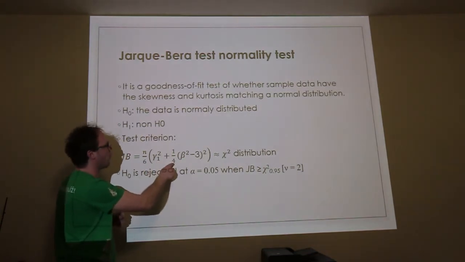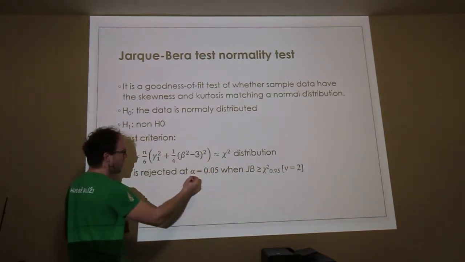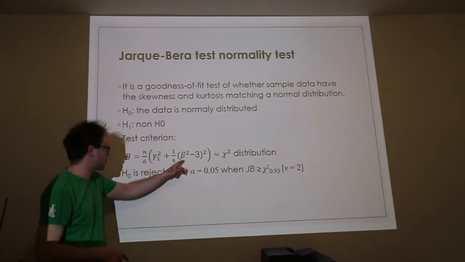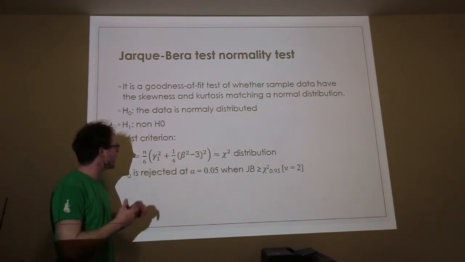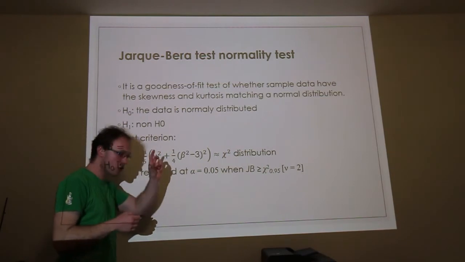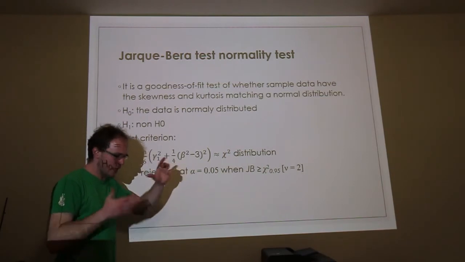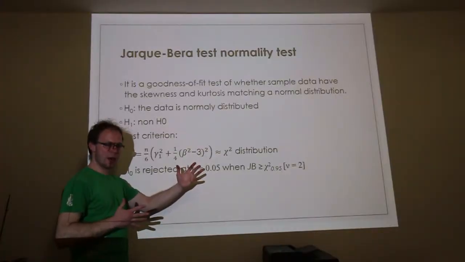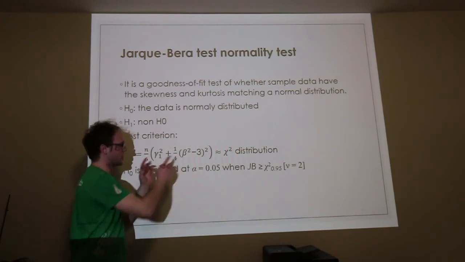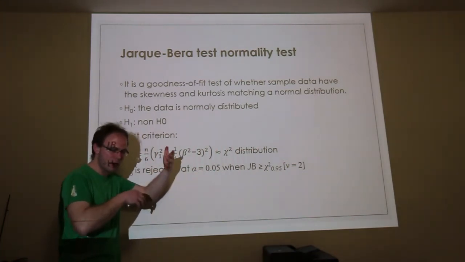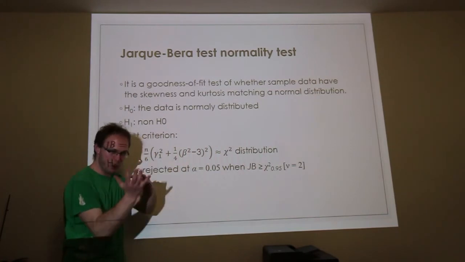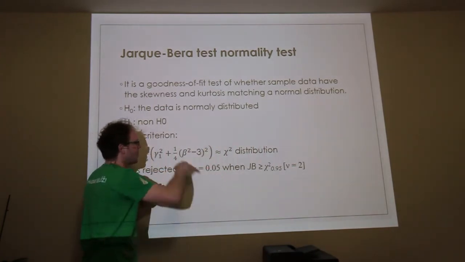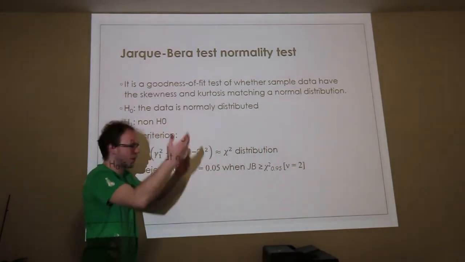Plus 1 divided by 4, and in parentheses, powered by 2, you have beta 2 minus 3. Beta 2 minus 3 in our situation is kurtosis minus 3, which means excess kurtosis. Again, if this excess kurtosis is higher and higher, with positive or negative sign, because of the second power, the penalization is greater and greater.